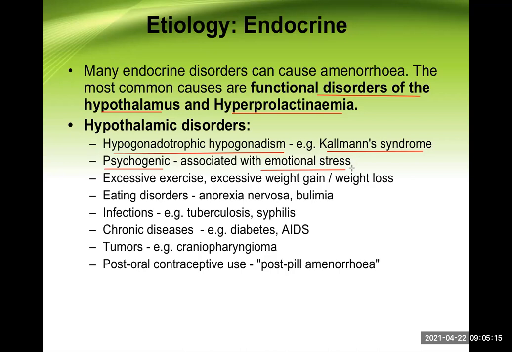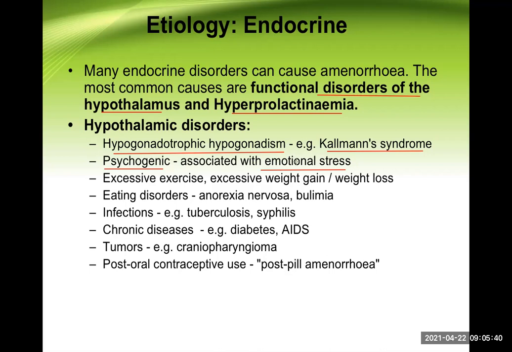Because we are from the medical fraternity, I am giving that example. If she is giving a lot of time to the hospital, she is not able to sleep for 2 to 3 days, continuous night calls, night duties and things like that. If that is happening for a longer time, then she may become amenorrheic.